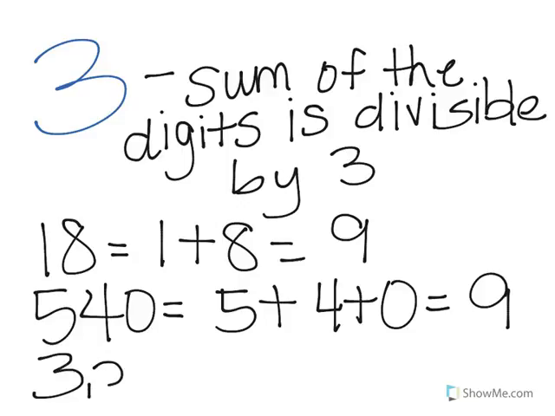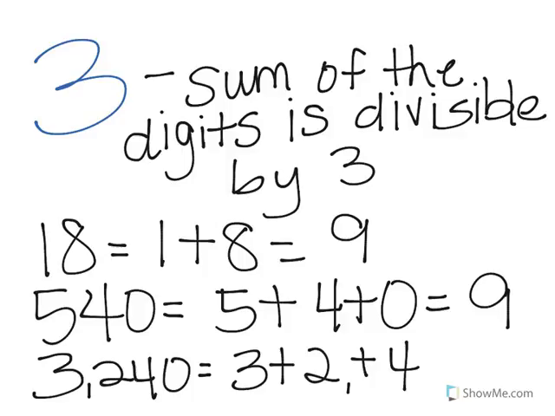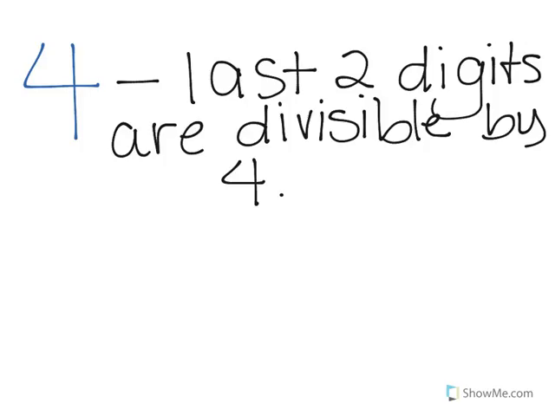And this can be done with any number. 3 plus 2 plus 4 plus 0 is 9. Also divisible by 3. The rule for 4 is that the last two digits of the number must also be divisible by 4.